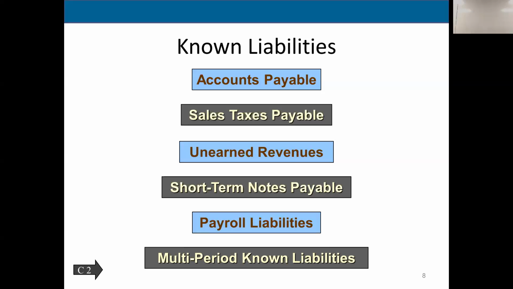Why is it important that we assign the correct category or the correct account under our transactions? Why is it really important that I call something accounts payable versus unearned revenues? I would say for record keeping and tracking purposes.